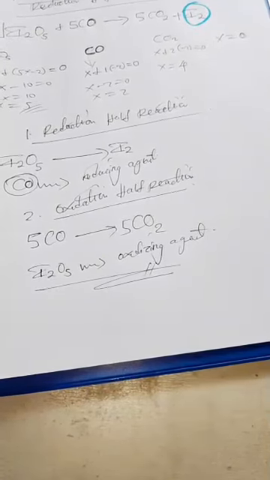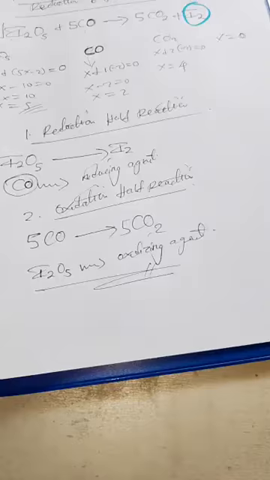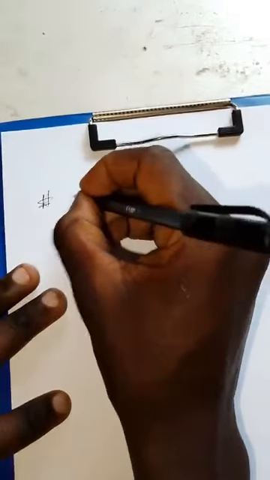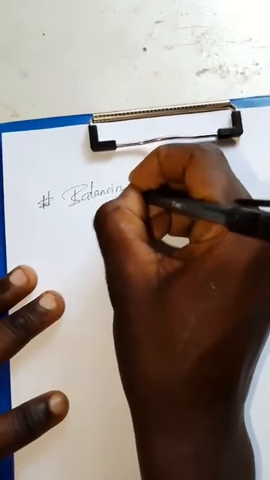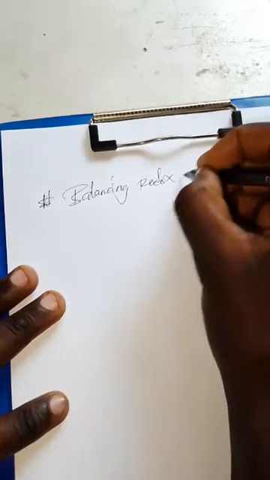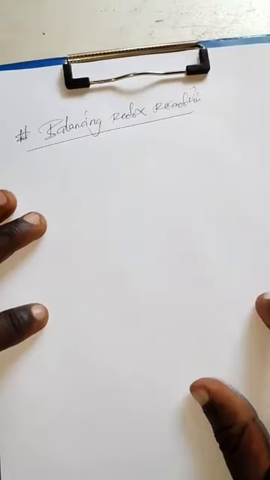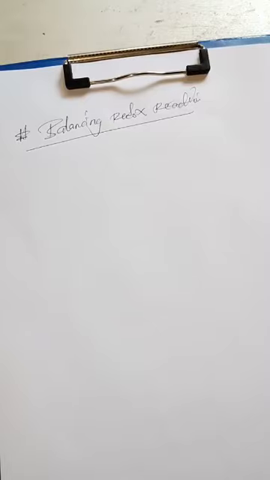Now we can move to balancing redox reactions. There are two methods you can use to balance redox reactions. Number one, we have the oxidation number method.